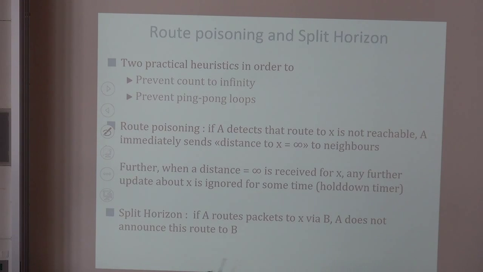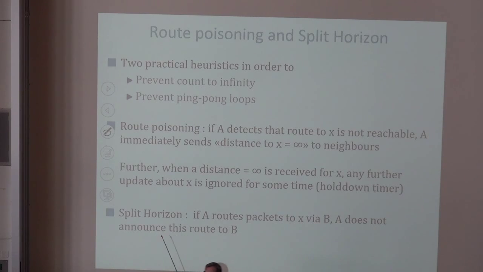And further, when you receive an update that the distance is infinite, for some time you put this entry, this destination, in blackout, so you do not process any update about this distance for a few seconds.